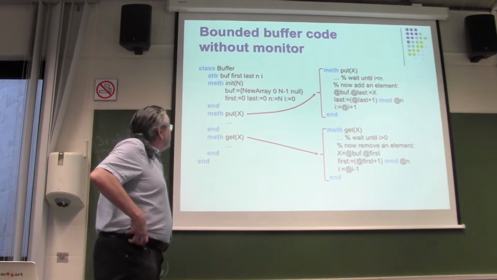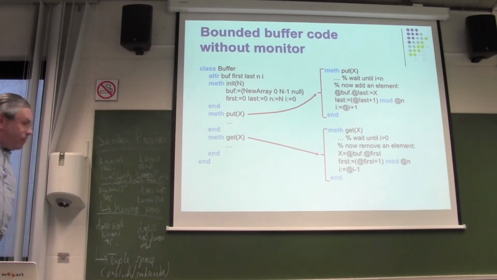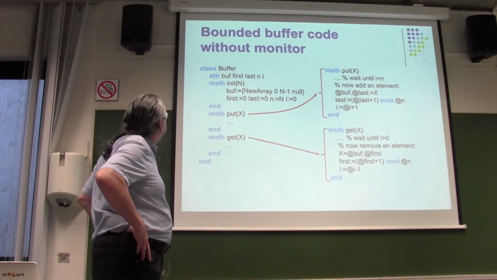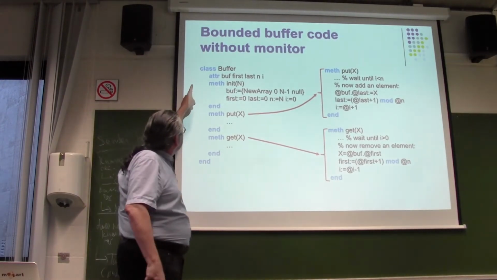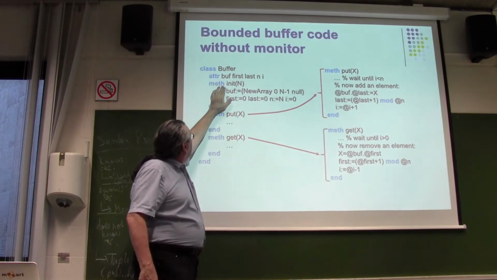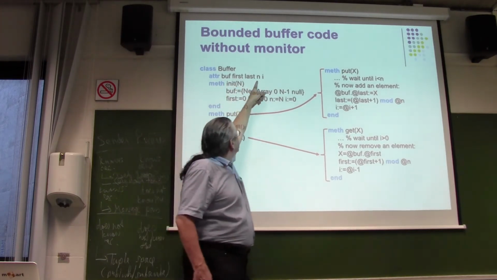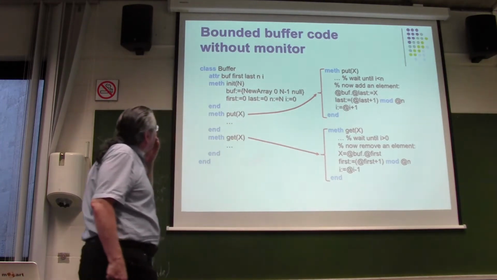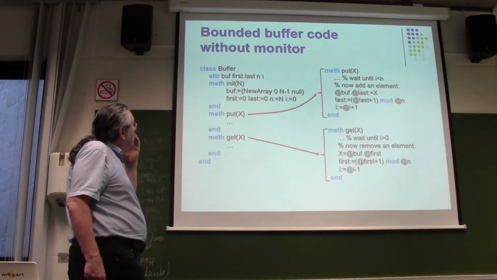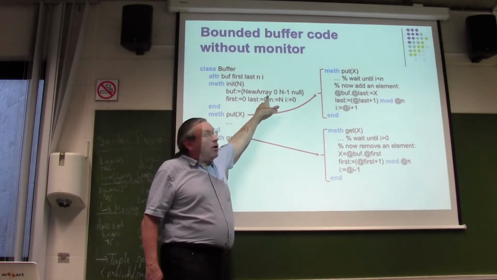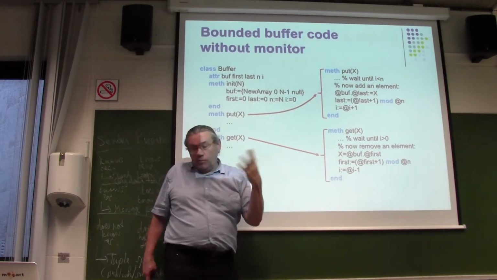So here is the code of the bounded buffer, but I'm not using the monitors yet. I define a class with a buffer attribute, which is an array, the first, the last, the size, and an index. I have the init. I'm going to use an Oz operation called new array. I'm not going to explain so much.